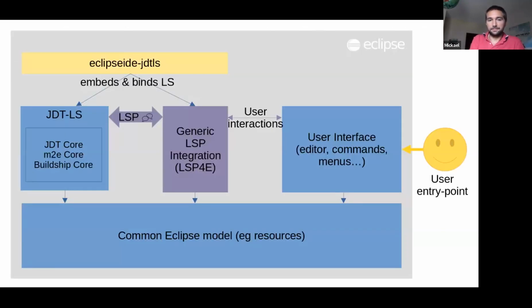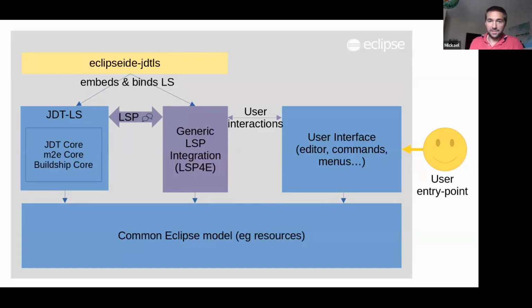And the approach we've taken for this integration is that since we have two Eclipse applications and they have resources in common, we decided to deploy the language server inside the Eclipse IDE in the same process. So it's a thread pool. There are more than one threads. But this language server basically replaces the core parts and everything else still interacts with the same common Eclipse model.